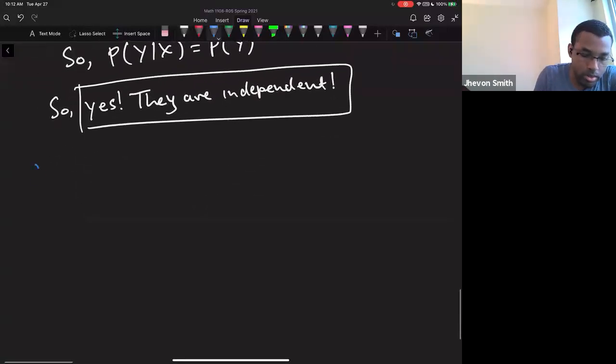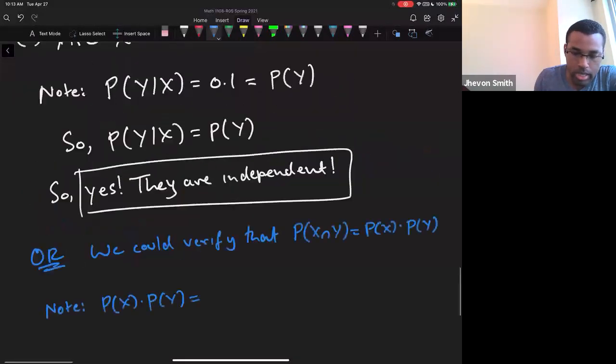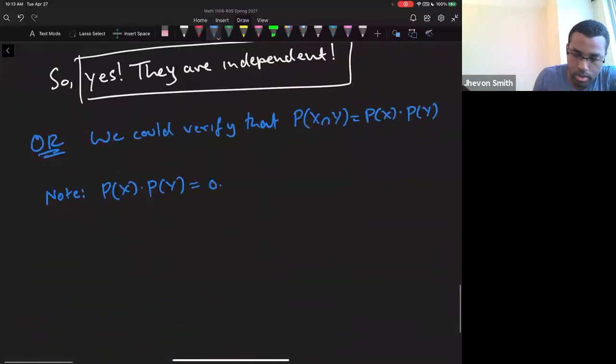Another way to do this, you could verify it with another equation, or we could verify that the probability of X and Y is the probability of X times the probability of Y. So if we could say, note, probability of X times the probability of Y, what is that? Probability of X is 0.15. Probability of Y is 0.1.